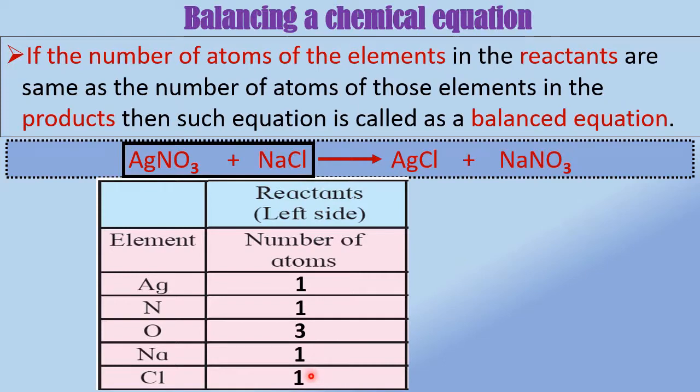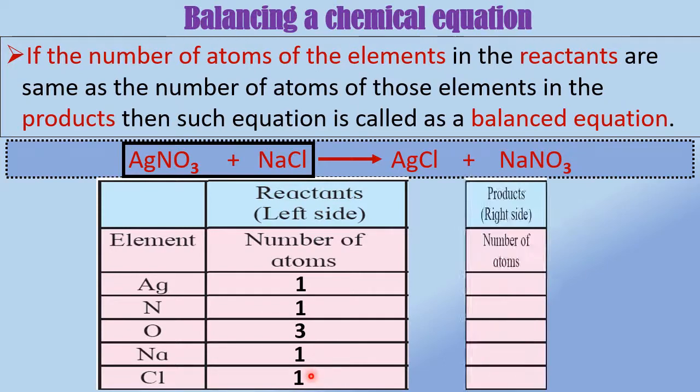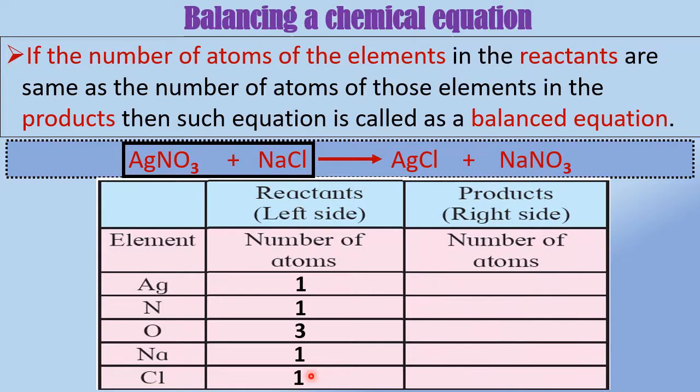Now, in the third column of the table, we write the number of atoms of each of these elements on the product side. So here the number of atoms of silver is 1.